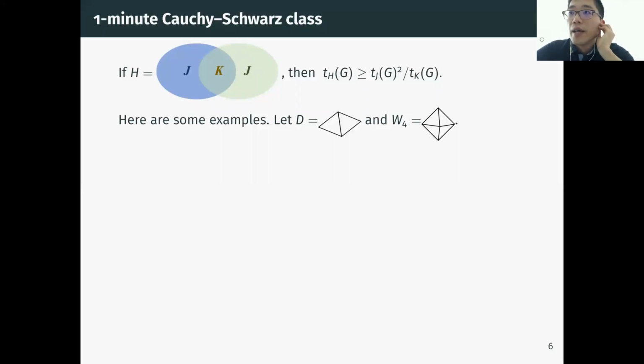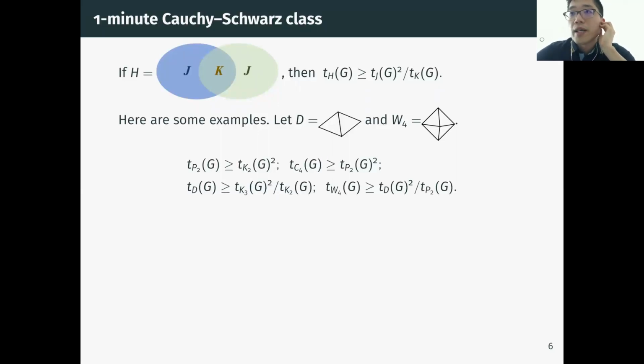Okay, then what I see is this bunch of inequalities. You've seen this inequality and the proof already. And here the same kind of inequality gives that the 4-cycle is lower bounded by the 2-edge path squared. And here's another inequality.